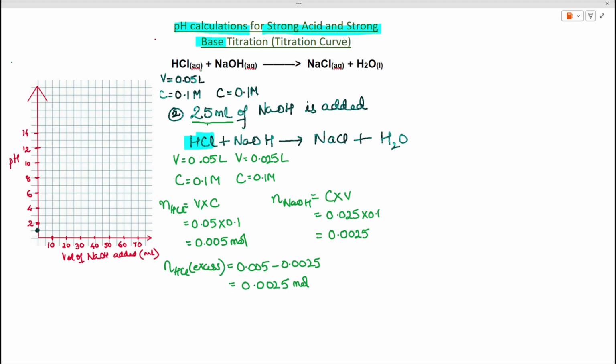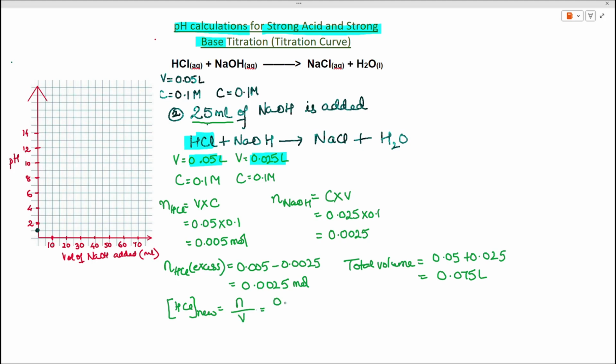And now because we have added the two solutions together, we have the total volume as 0.05 liters of HCl and 0.025 liters of NaOH, which means the total volume is 0.05 plus 0.025, and this gives us 0.075 liters. Now, the new concentration of HCl will be calculated as the excess number of moles divided by the total volume.